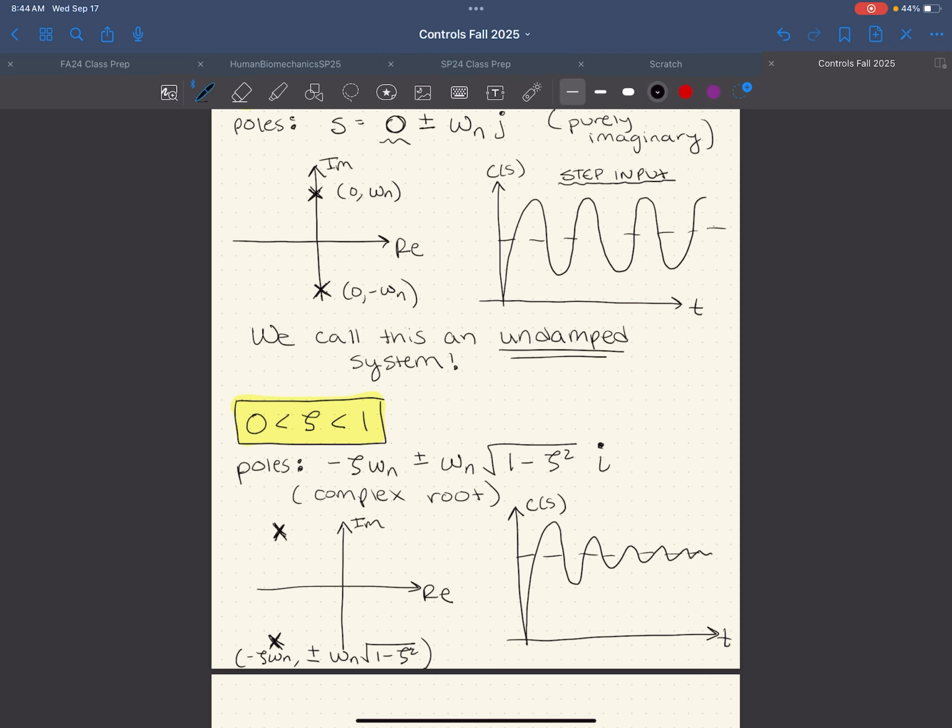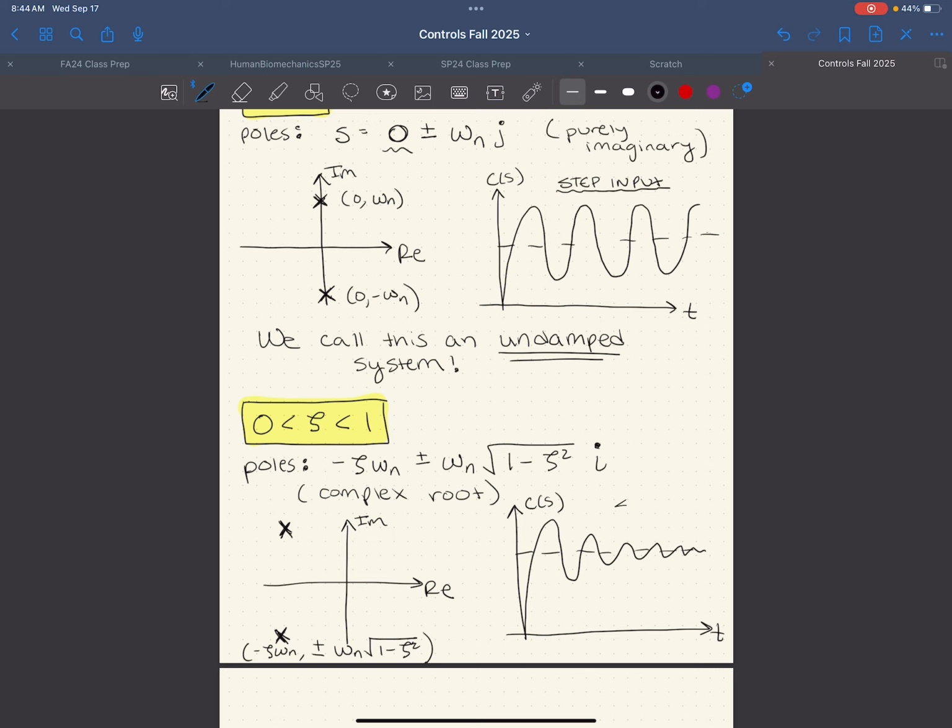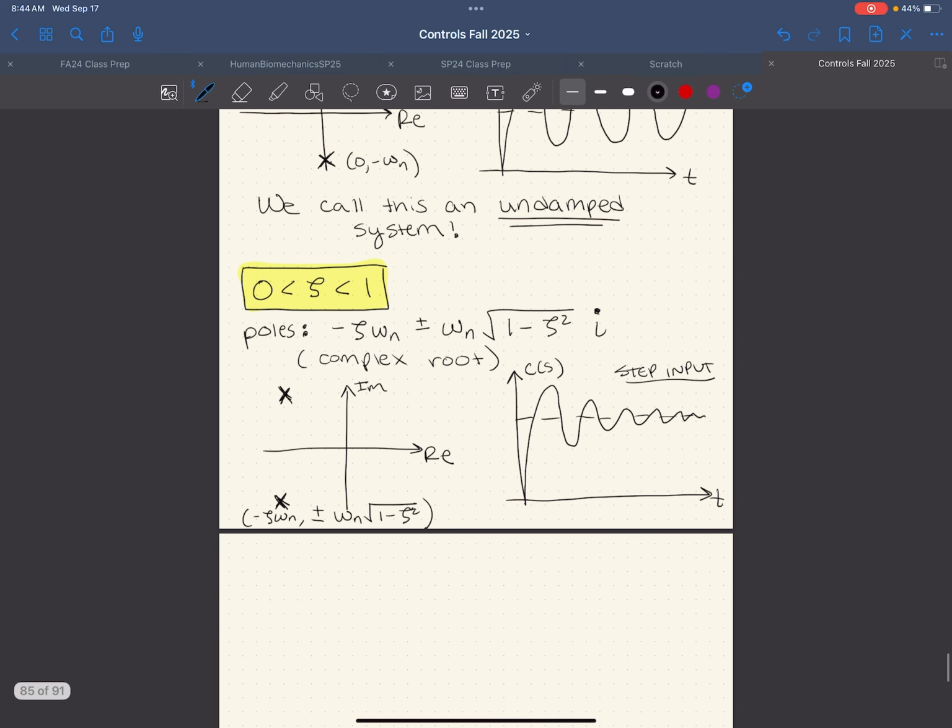These oscillations get smaller and smaller, and eventually they go away. And for these types of systems, we say that they are underdamped. Not undamped, but underdamped. Okay, so we call this an underdamped system.